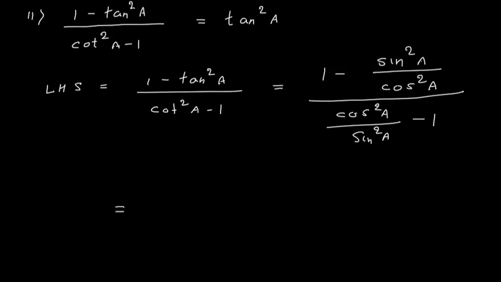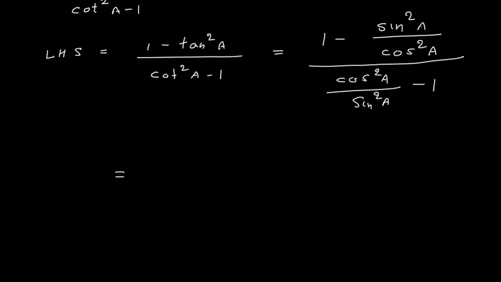So in 1 minus sin square A upon cos square A, we multiply cos square A by 1, cross multiplication, because here it is 1 upon 1. You want to make the denominator the same. So this is cos square A minus sin square A, whole divided by cos square A.